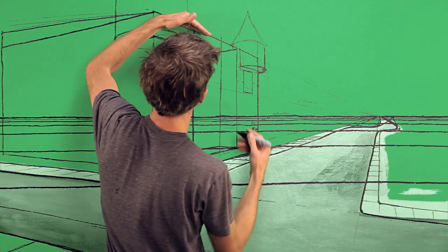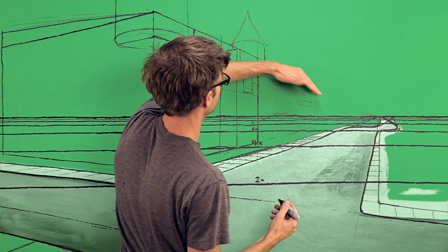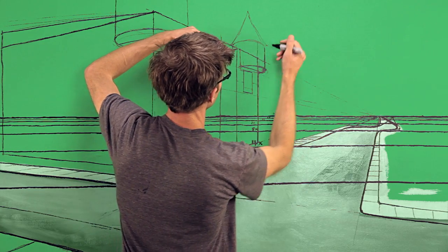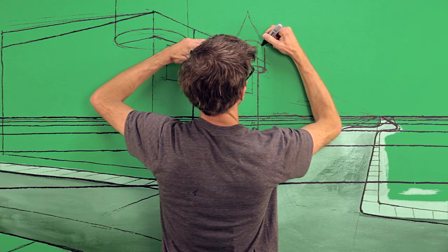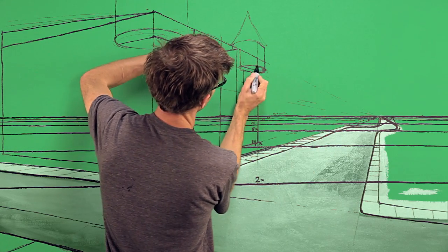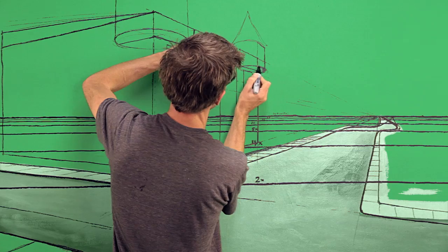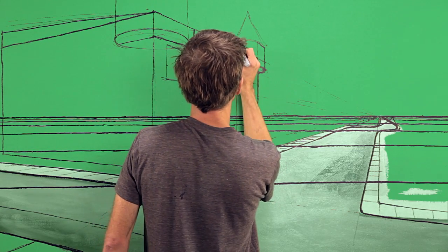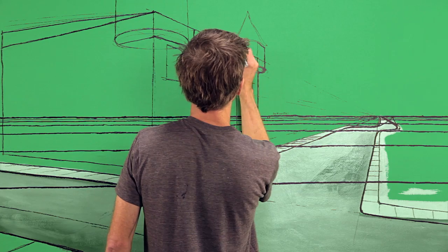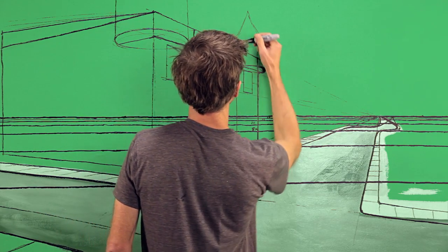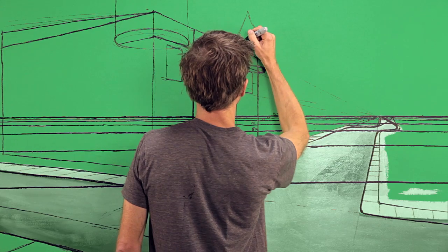So if I just make lines along that curved line here that are vanishing to the same point as this, so up here, I'm going to make a straight line vanishing to the same point. Right here, straight line vanishing to the same point. Okay, and then right here, I'll make a straight line vanishing to the same point as this one. And then I'll make a straight line here. Then I can connect these, and I can make this.